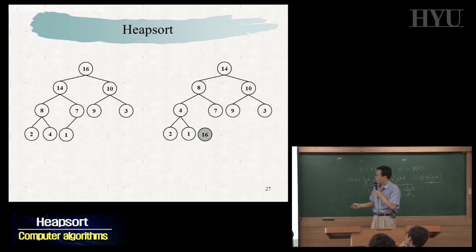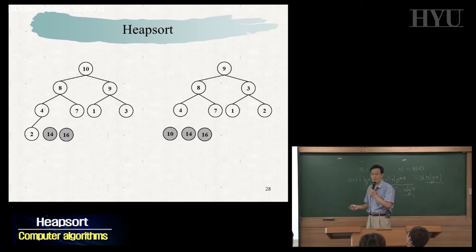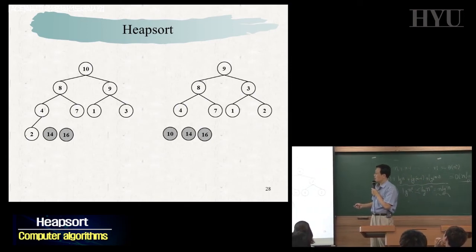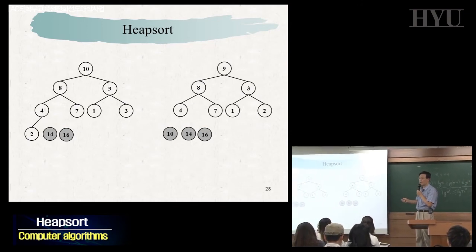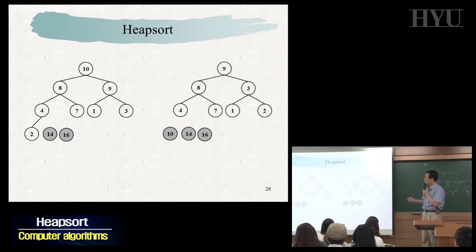Instead, the key 1 is moved to root, and it floats down along, in this case, 10 and 9. And then 10 is extracted, and this time 2 is moved to the top, and it floats down this, 2, 9, 3.